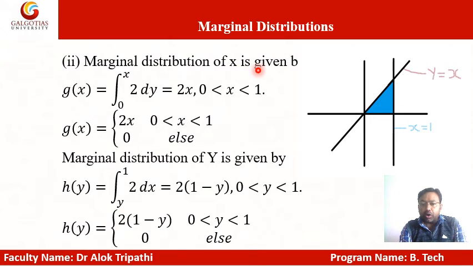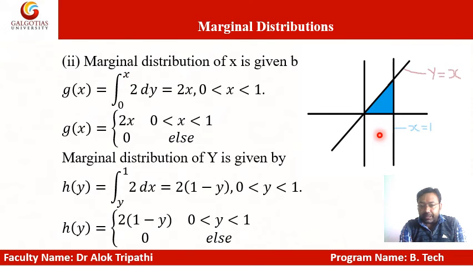marginal distribution of x. Marginal distribution of x means we are finding the probability density function for random variable x. So what should we do? We just integrate the given joint probability density function with respect to y. So see here, 2 dy. What is the range of y? y is starting from 0 to x.